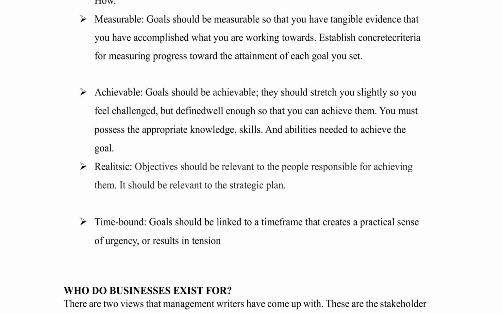Okay. Who is a stakeholder? Then who is a stakeholder? What do you understand by stakeholder?